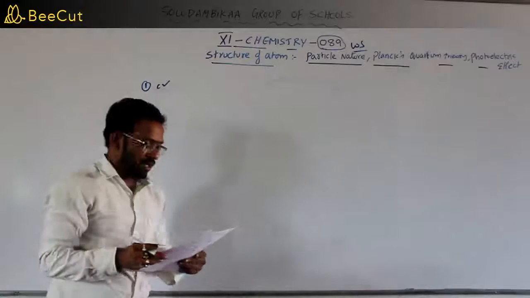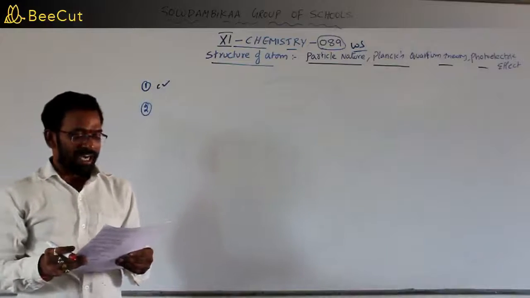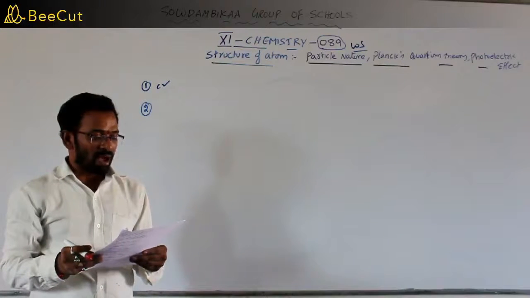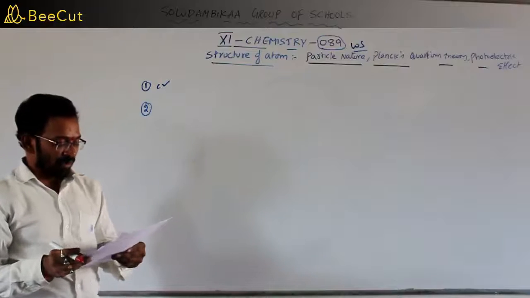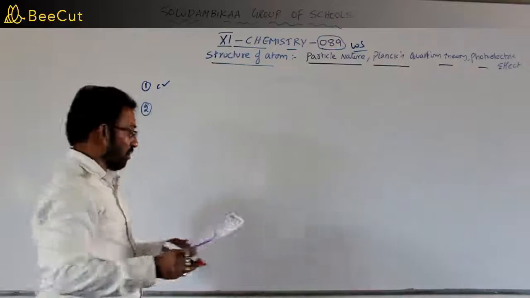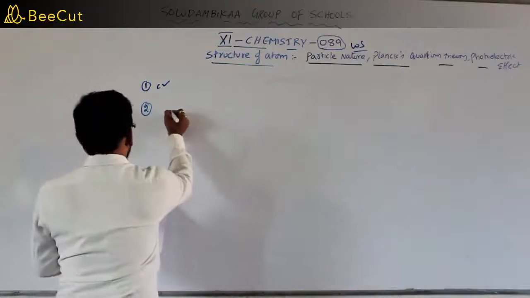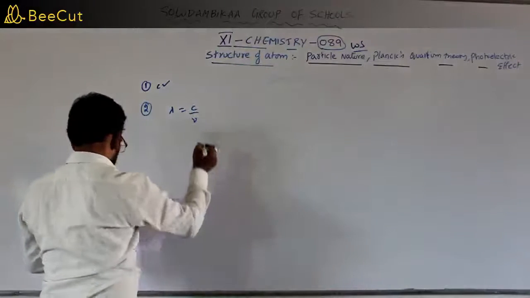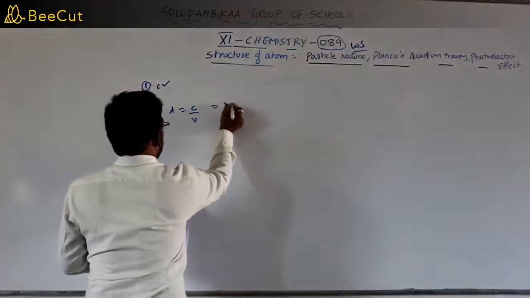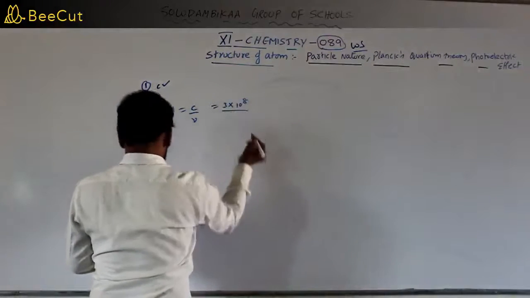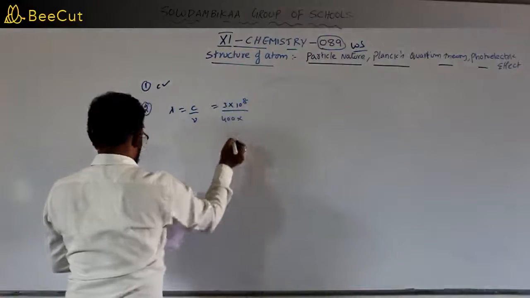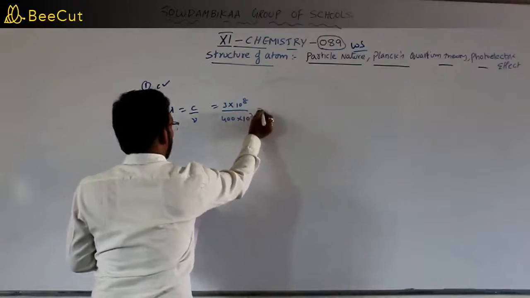Question number 2: a radio station emits radiations of 400 kilohertz. The meter band of the station is? We know the formula lambda is equal to c by nu. Lambda is equal to c by nu, and you will get 3 into 10 to the power of 8 by 400 into 10 power 3.